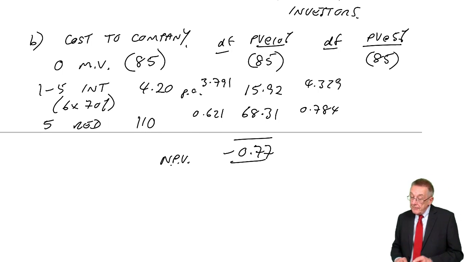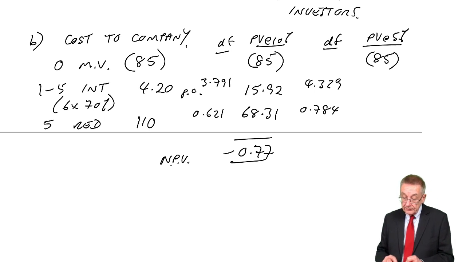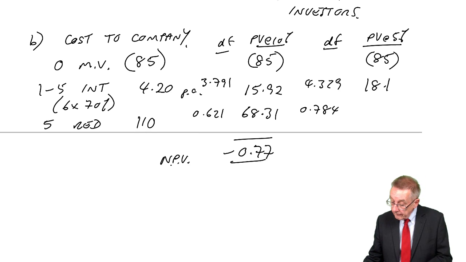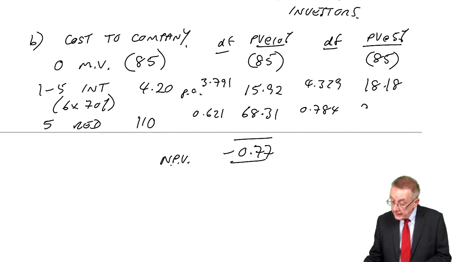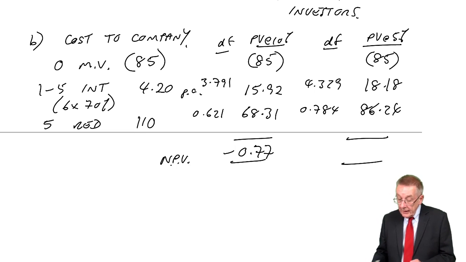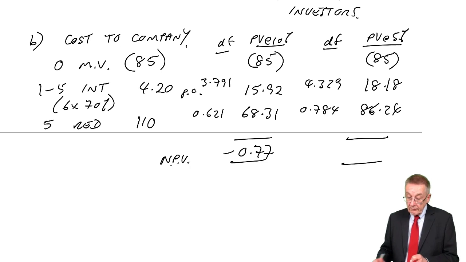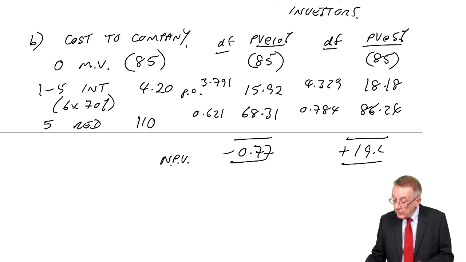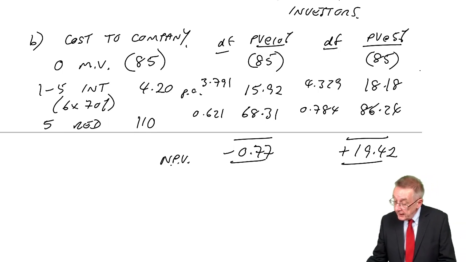So the present values: the interest, 4.20 times 4.329, is 18.18. The redemption, 110 times 0.784, is 86.24. And so the net present value is plus 19.42. So again, let's approximate between them.